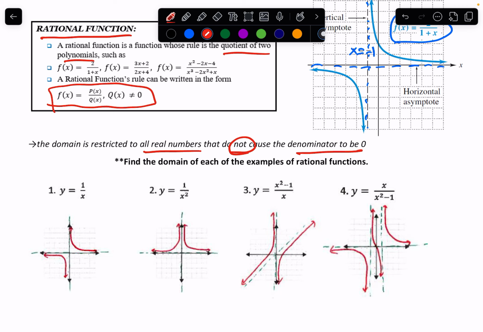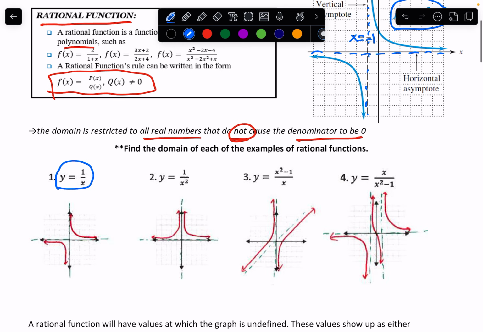Okay, so let's start with this first example here. Y equals 1 over x. We have the graph of it right here.